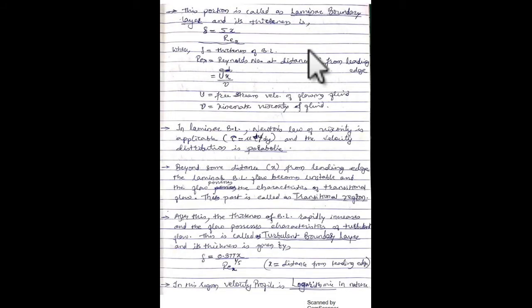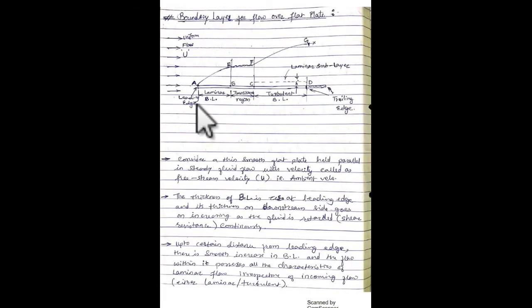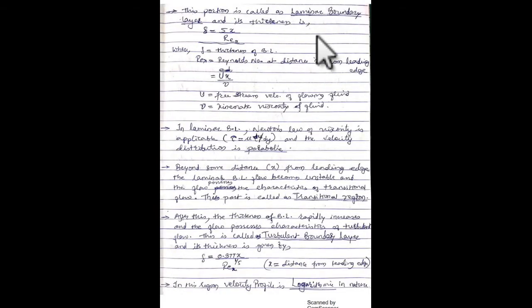So the boundary layer we can see here by A, E, F, G is the boundary layer formation that takes place when the fluid flows over the solid plate.